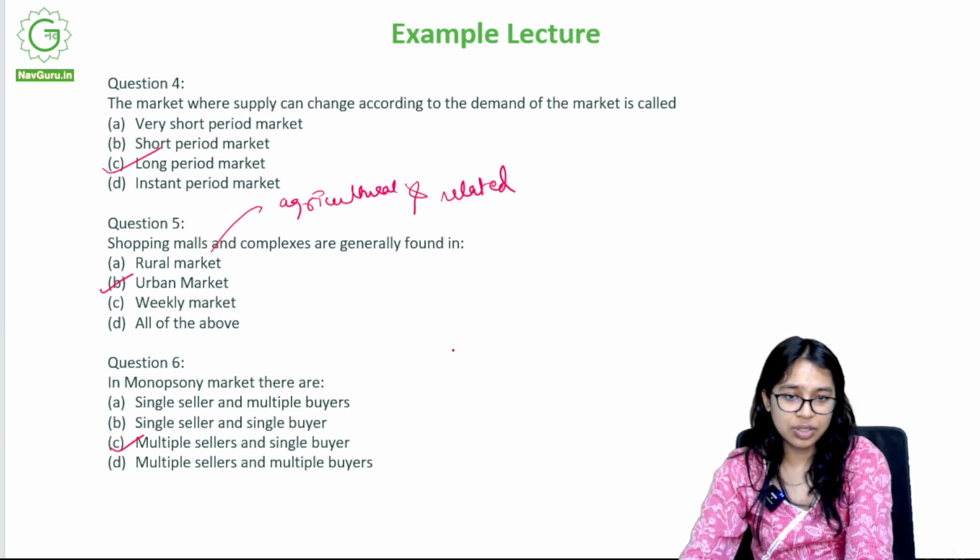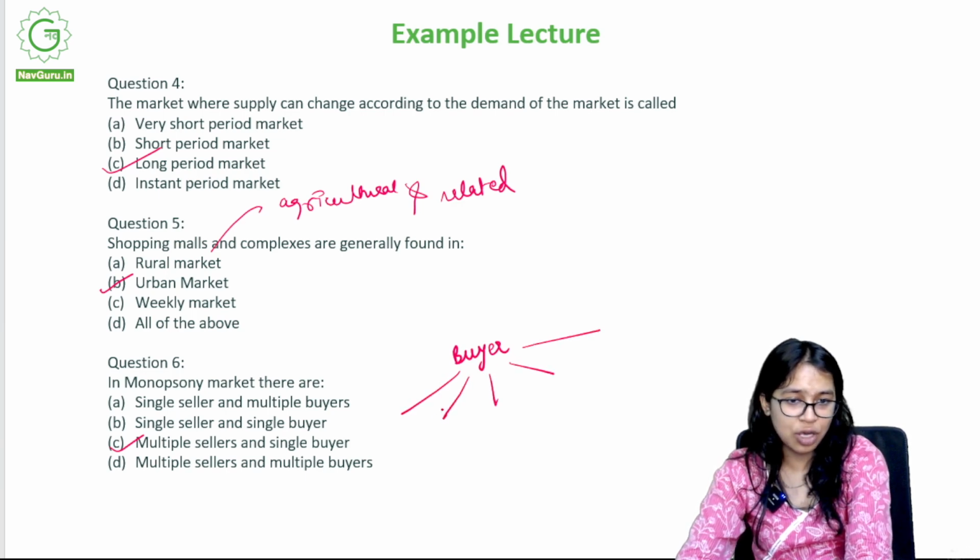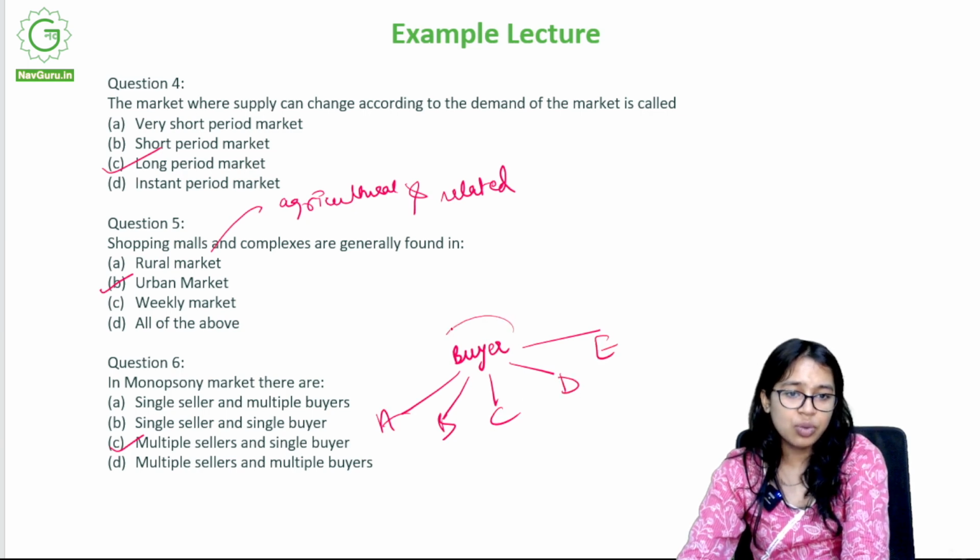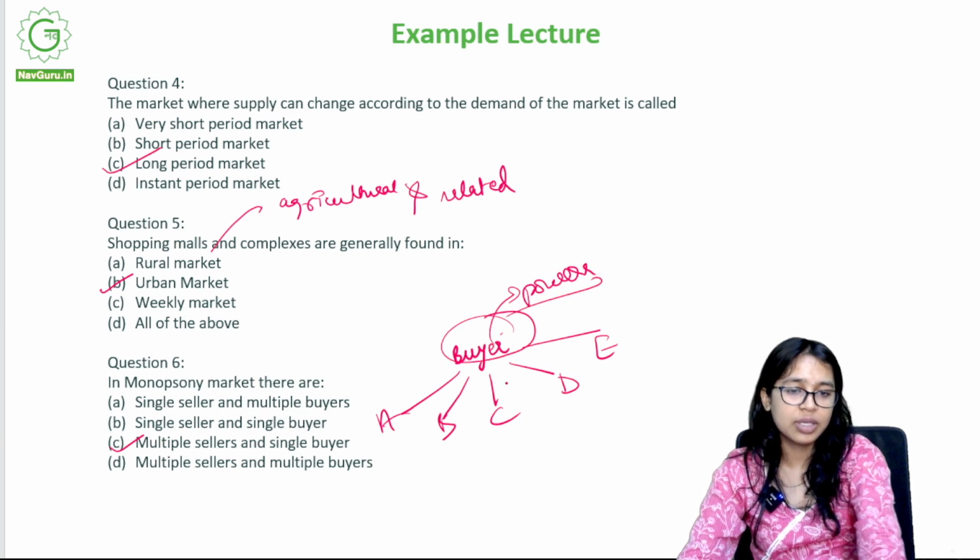So you see, you are a buyer, and there are 5 shops that you can go to: shop A, shop B, shop C, shop D, shop E. So you are someone who has power in this case, and that is what monopsony is about.